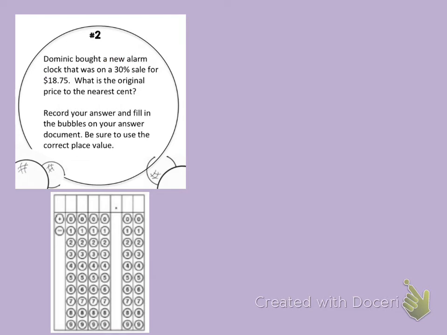Dominic bought a new alarm clock that was on 30% sale for $18.75. What is the original price to the nearest cent? So here, if we notice, it's on sale for $18.75.